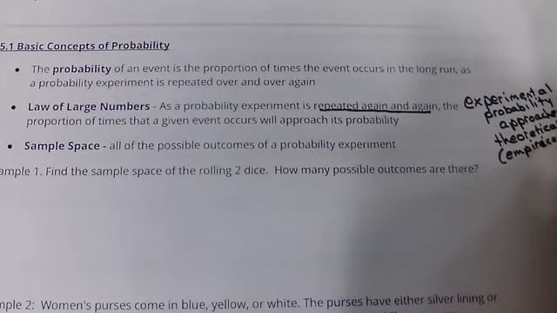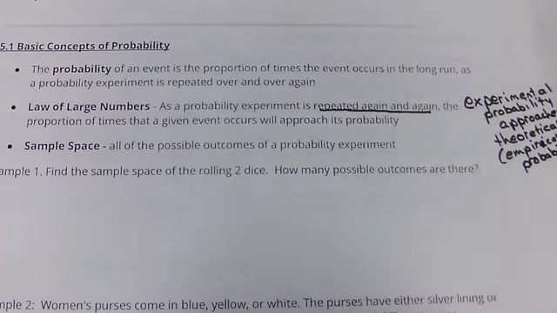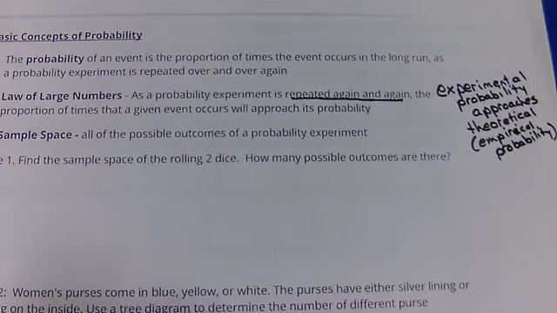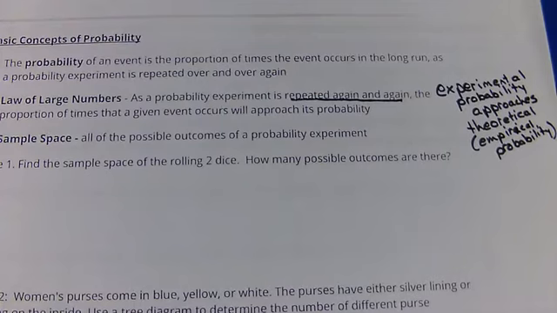I can't spell empirical. So if I just do it 10 times, I'm not going to get 5 out of 10. But if I flipped a coin 1,000 times, it's going to get closer to being 1 out of 2 times, 50% of the time.